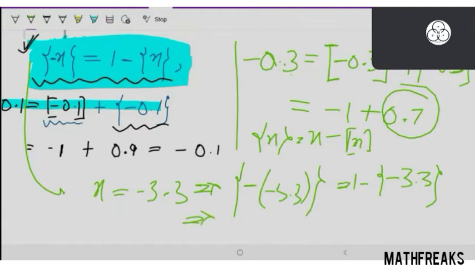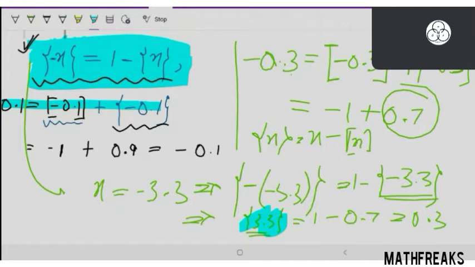Minus minus plus, this will be 3.3 here, and what will be the curly of this? 0.7, right? 1 minus 0.7. 1 minus 0.7 will be 0.3, and this is also equal to 0.3.